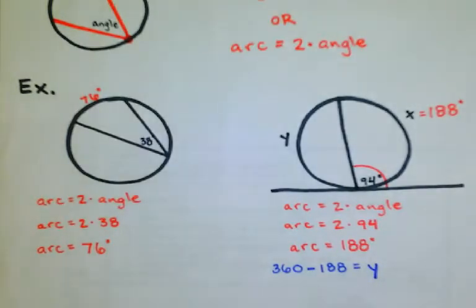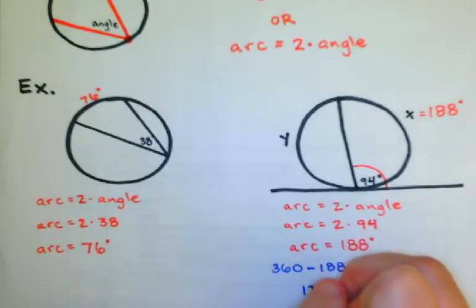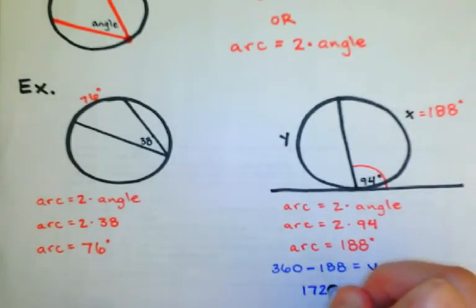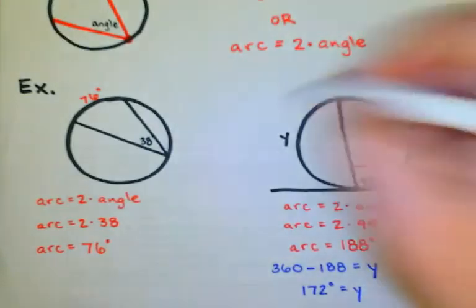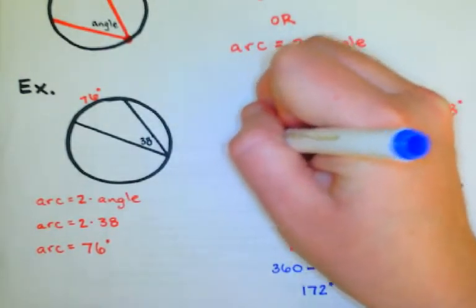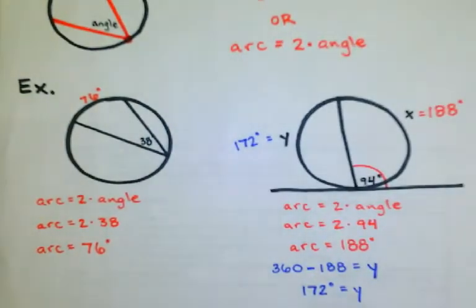So, what is our y? Sorry, I don't want to make any mental math errors, so I'm going to get out my calculator. 360 minus 188 is 172. There we go. And we've solved for both x and y.